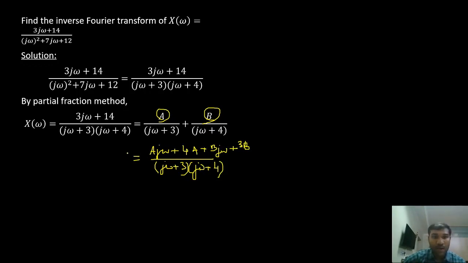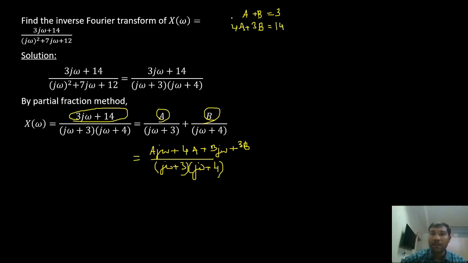Now I'll compare the coefficients of the constants and j omega terms with the corresponding coefficients. So a plus b, the coefficient of j omega, is equal to 3, and 4a plus 3b is equal to 14.